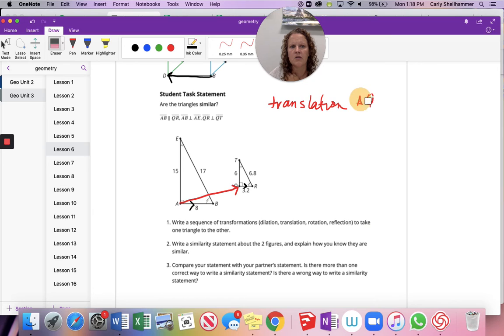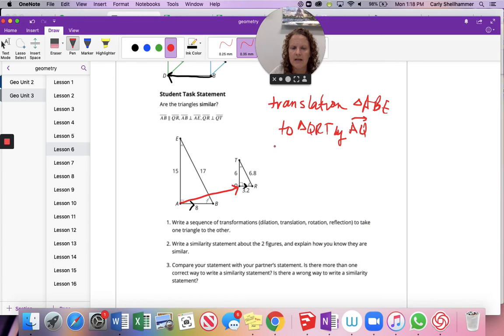So I'm going to do a translation of triangle ABE to QRT by directed line segment AQ. And then I can do a dilation.